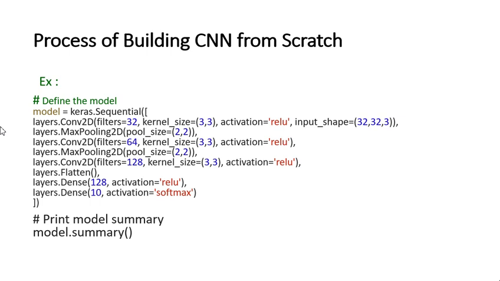In the case of underfitting, we can increase the number of hidden layers, and increasing the number of epochs is also one of the solutions. Okay, one second.